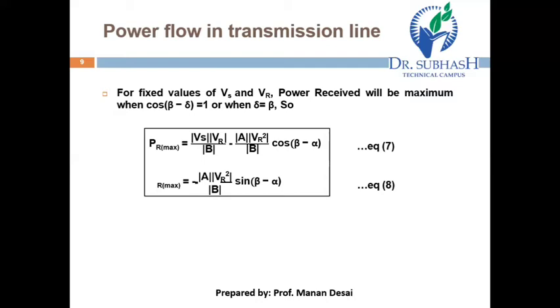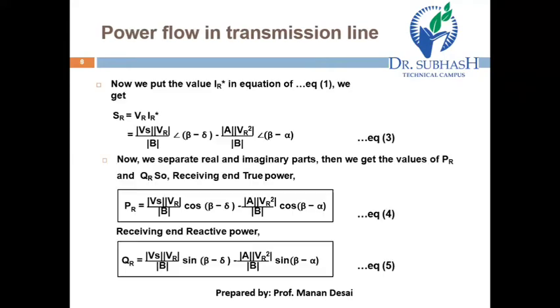So Vs VR upon B minus A VR square upon B cos(beta minus alpha). In the previous slide, see, this cos(beta minus alpha) has to be 1.